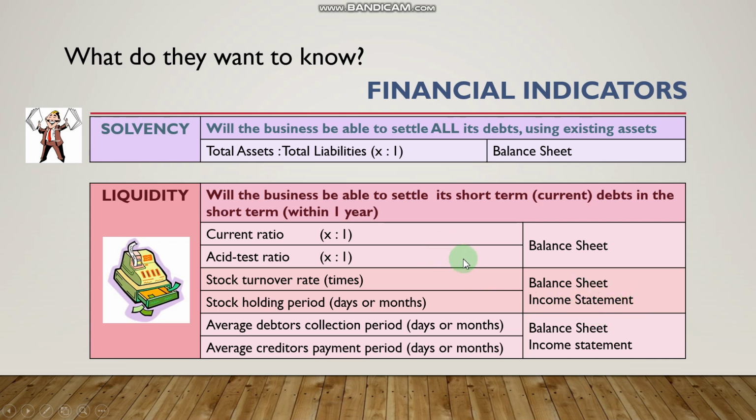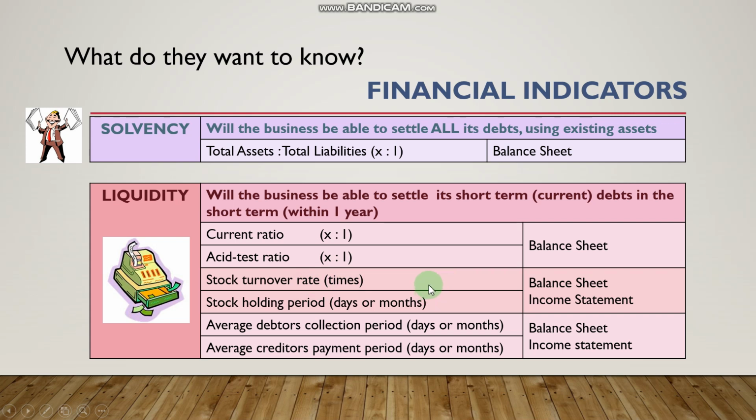Don't be too concerned that I'm going a bit too fast with the actual financial indicators. At this point, it's quite important for you to remember the names and the category that they belong to. Remember, this year you would be given a formula sheet, so you need to tie up the names of the financial indicator against the formula that is given on the formula sheet.